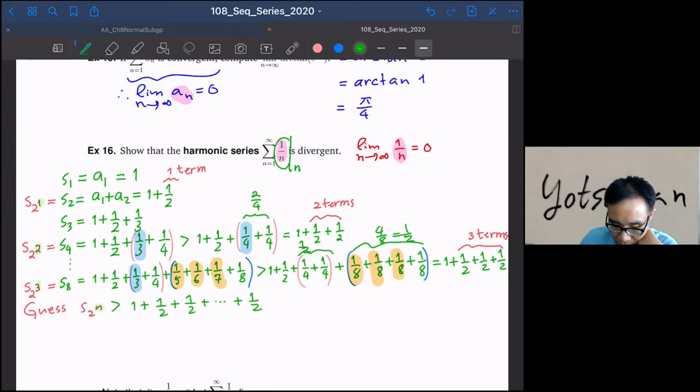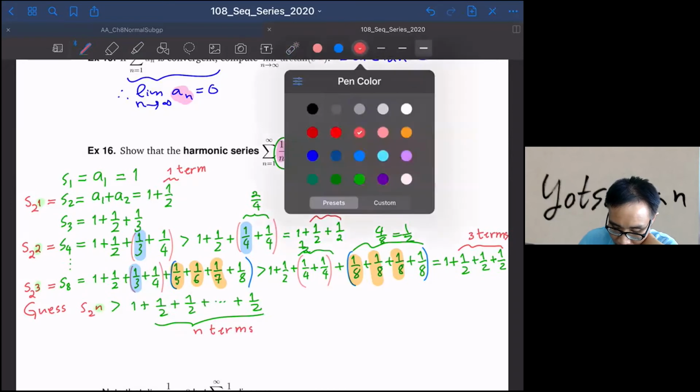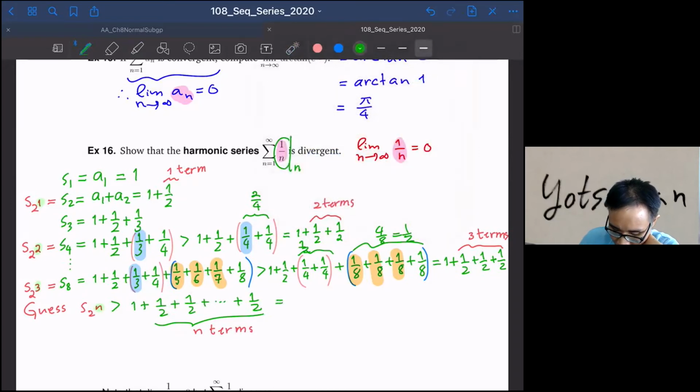You see the index here, one term, two terms, three terms. So if it turned out to be n, it's going to be n terms. And this one will become 1 plus n over 2.